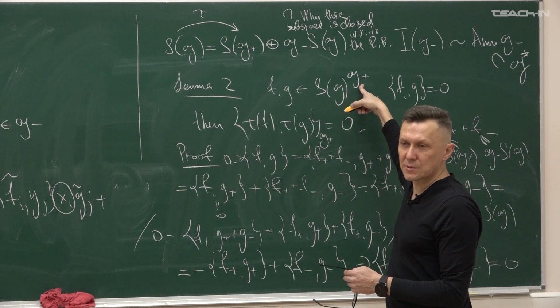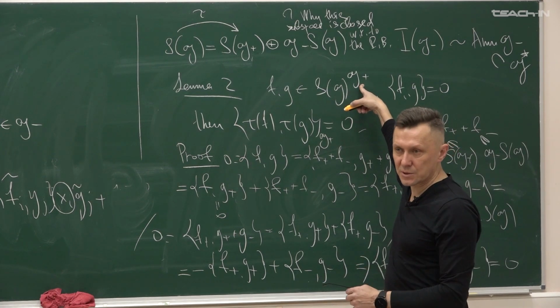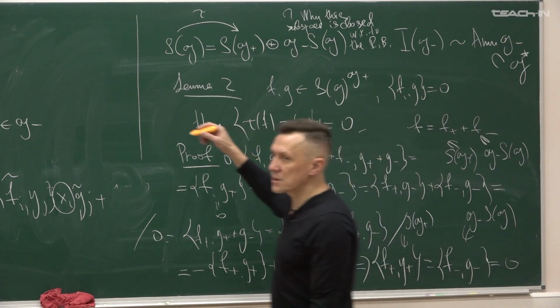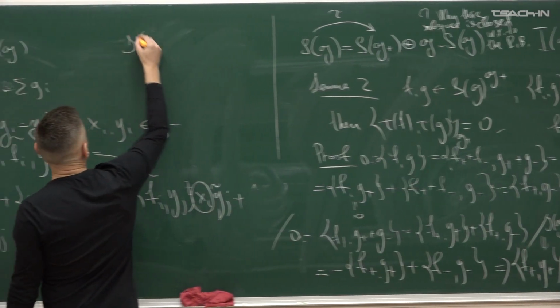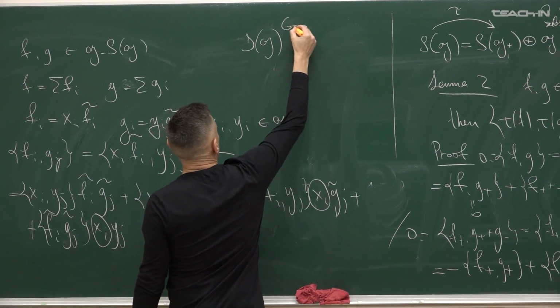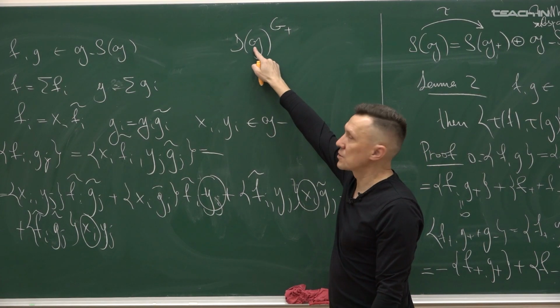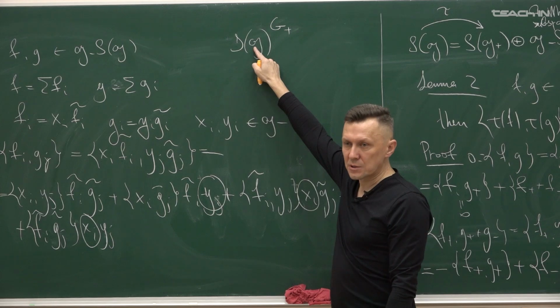There is an infinitesimal action of the Lie algebra on some linear space. Is it clear what is S of G plus? There is an action of G plus on G, the adjoint action.